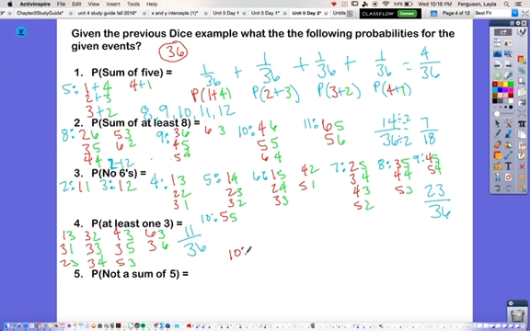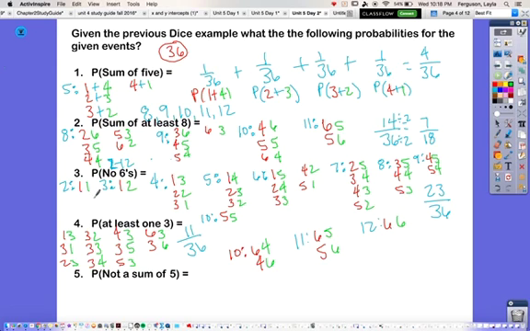Remember that for 10s, we could have also had 6 and 4, 4 and 6. For 11s, we could have also had 6 and 5, 5 and 6. And for 12s, we could have had 6 and 6.